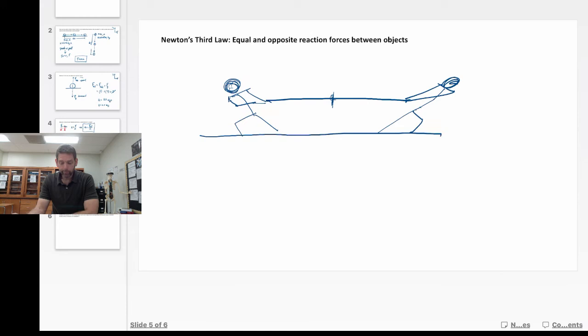All right? So there's a force here and there's a pulling force here. This force is in this direction, and this force is in this direction.